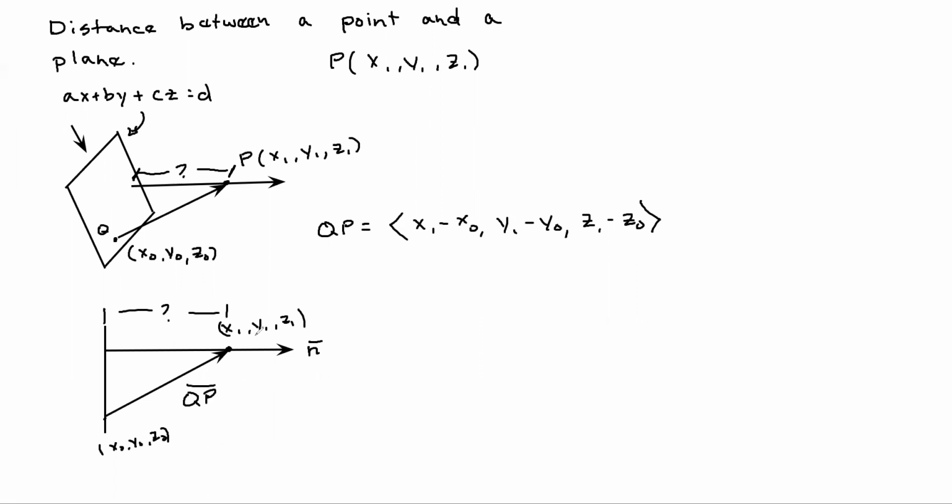Well, hopefully this picture looks similar to a picture from a previous video that you watched, in particular the video on projections, right? So what we're interested in, this distance here, would be the length of the projection of QP onto N. Okay, right? If you took QP and just projected it, it would give you just this.